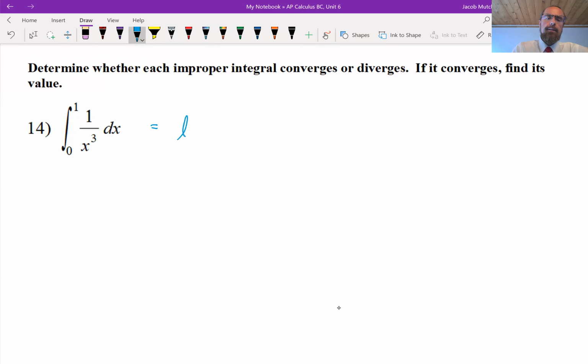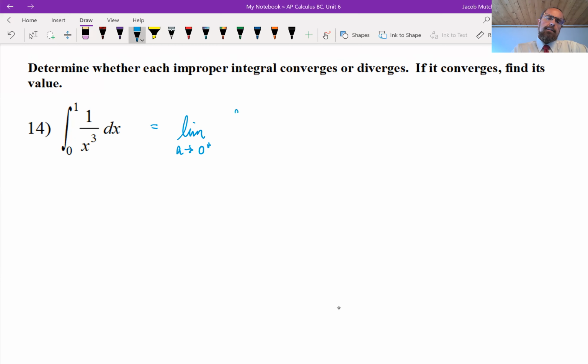So I'm going to rewrite this one as the limit as a approaches 0 from the right. We're saying from the right because our interval is from 0 to 1. So where we're approaching this, the 0 is on the left side, so we're approaching it from the right.